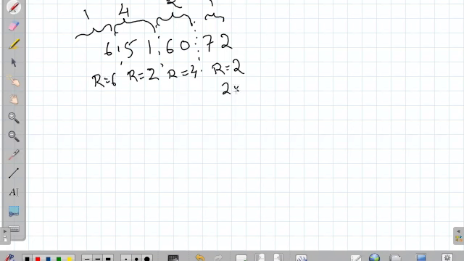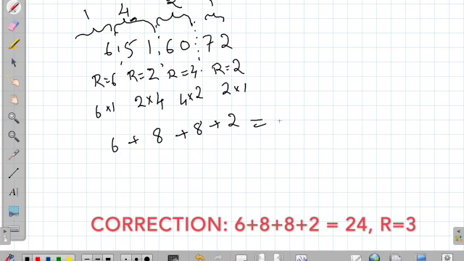So 2 times 1, 4 times 2, and 2 times 4, and 6 times 1. So we have 6 plus 8 plus 8 plus 2, that is 22. Then if we divide this by 7, the remainder comes as 1. So this is the summary of the method.